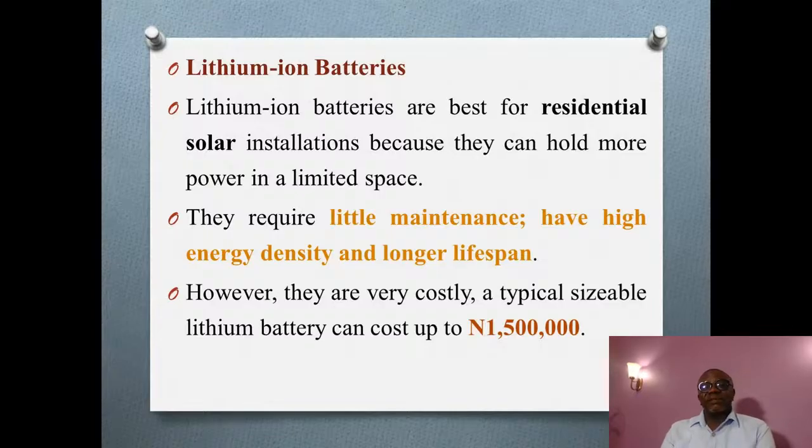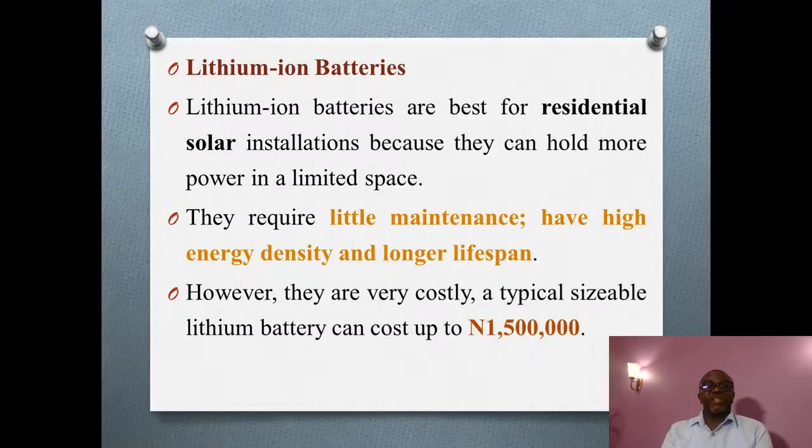For instance, if you are installing solar in your office where you are battling with space, you see that this battery may be the best suited for you because you have limited space. They require little maintenance and have high energy density and longer lifespan. However, they are very costly.